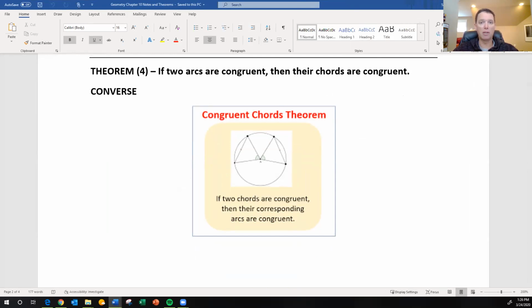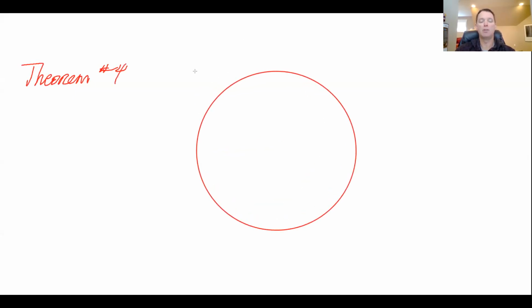So let me draw that picture for you again. If this is feeling like it's all too confusing, then I would say you're maybe thinking too hard about it. And I'll explain what I mean in just a second. So let me get this circle out here. What this is saying is the following.